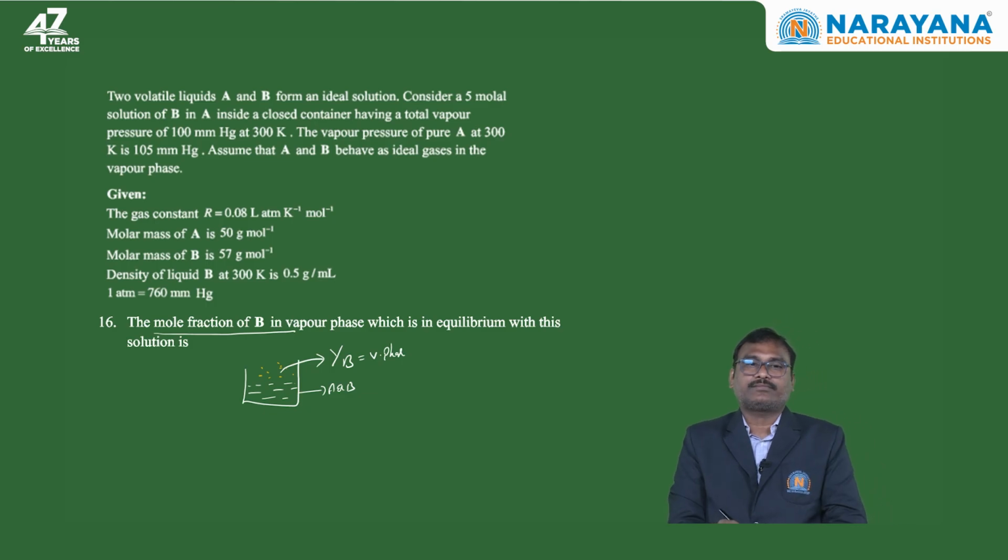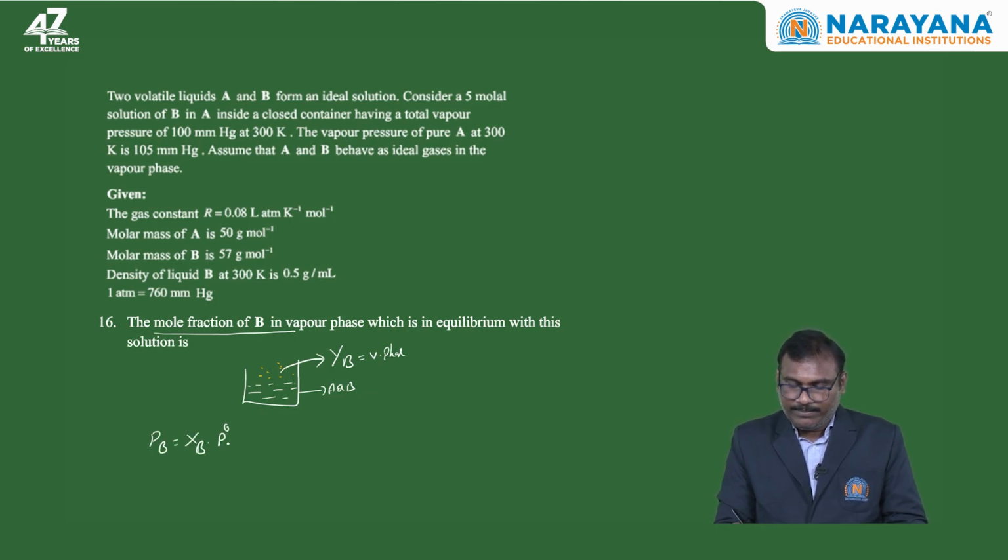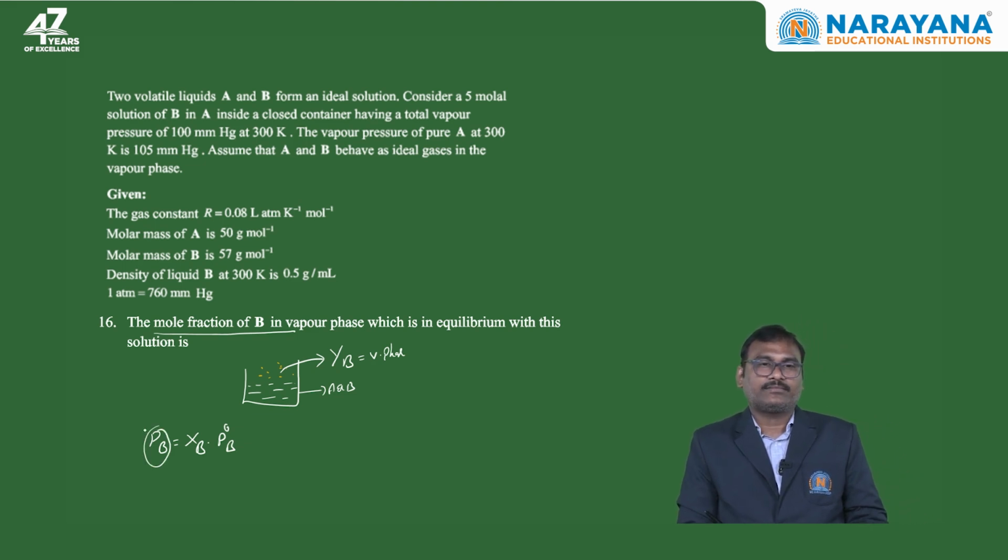Say yes or no? Generally, according to Raoult's law, PB is equal to XB into P naught B. The partial pressure of B is always directly proportional to the mole fraction of B in the solution. Say yes or no?